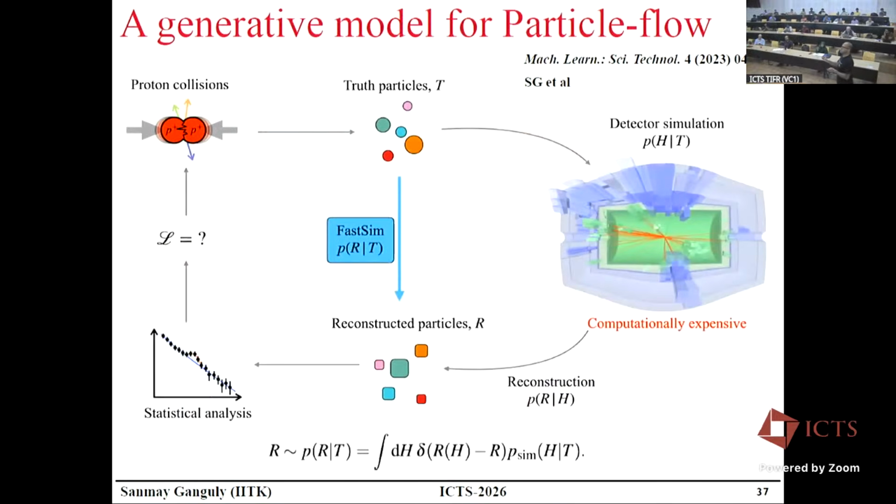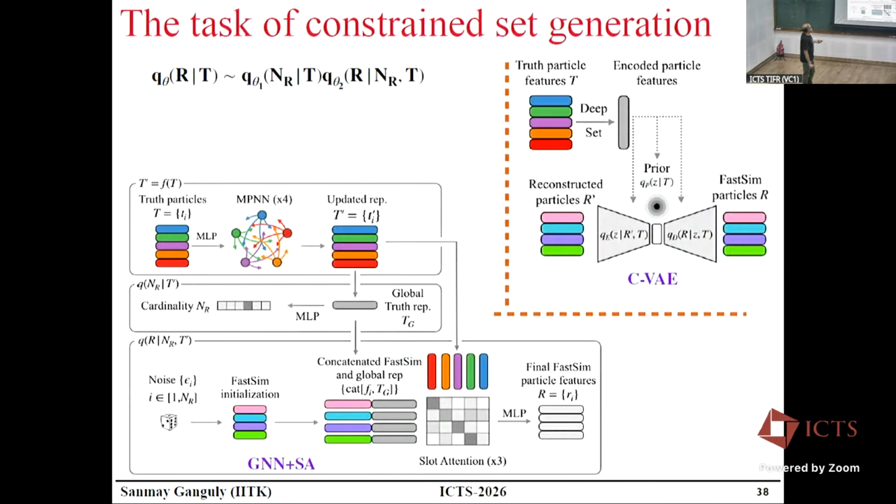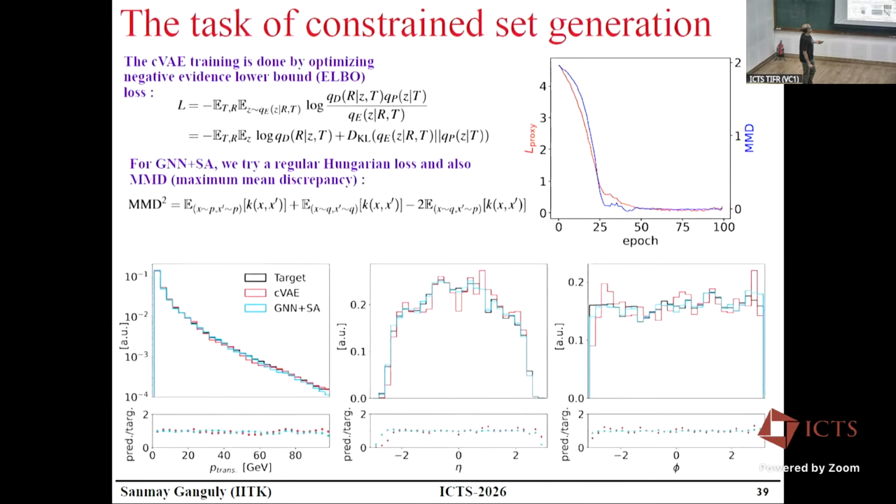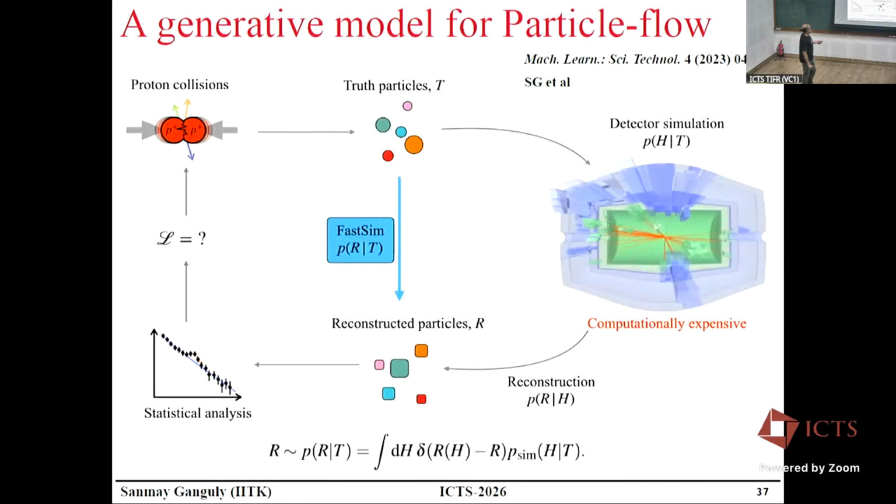Now that we know the concepts, we also made an attempt to not only generate the lower level calorimetric showers, but to generate the particle flow candidates themselves using generative models. So it's like solving two tasks in one go.